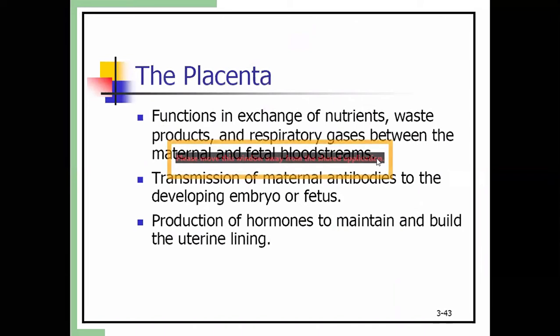But of course, the gases will not reach, and the nutrients will not reach the baby if it were not for what? James Pretensio. Hindi man nakadikit yung placenta sa baby. So, umbilical cord po. Correct.